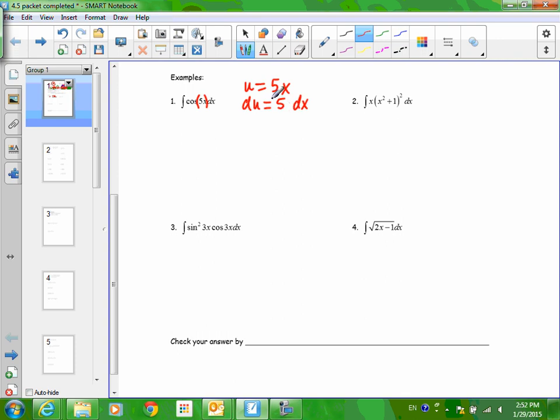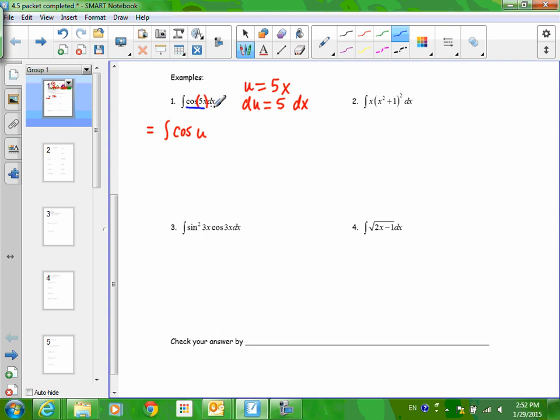All right, so let's do the substitution. I'm going to write my integral sign, and instead of cosine 5x, I'm going to write cosine u. Now, watch this. I took care of cosine of 5x. I replaced it with cosine of u.